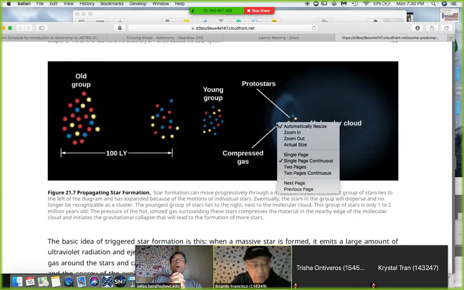Now, consider the rate at which fusion reactions take place in the core, which means the speed at which hydrogen in the core is depleted.